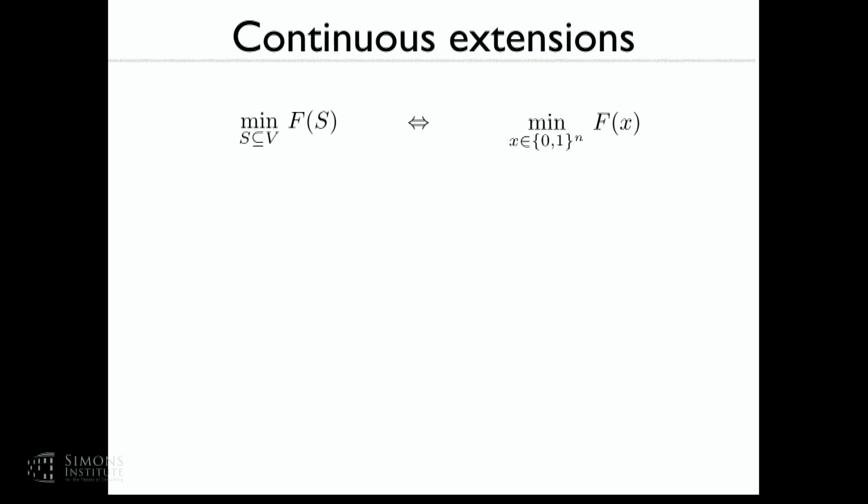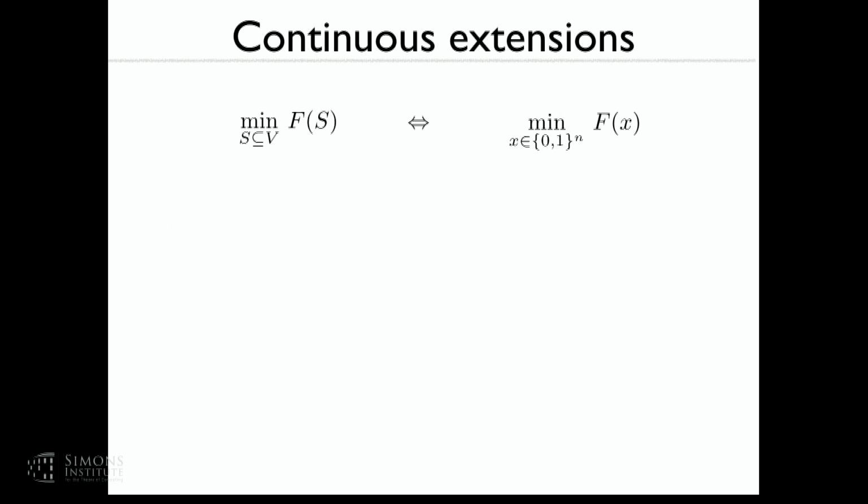So basically, for each item, I'll have a coordinate x_i. If I pick that item, x_i is 1, otherwise x_i is 0. So I can equivalently write my function as a function of binary vectors. It's a one-to-one correspondence, just the same. So now the question is, how could I take this problem and make it a continuous optimization problem?